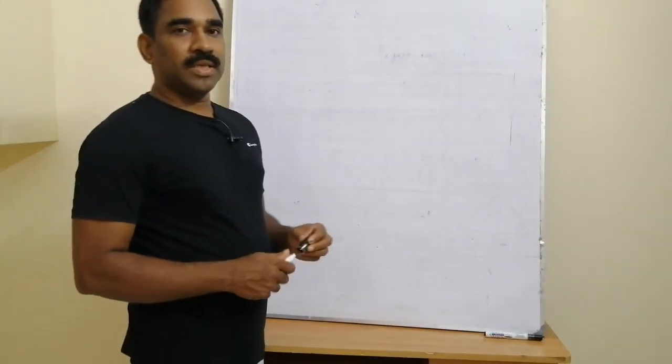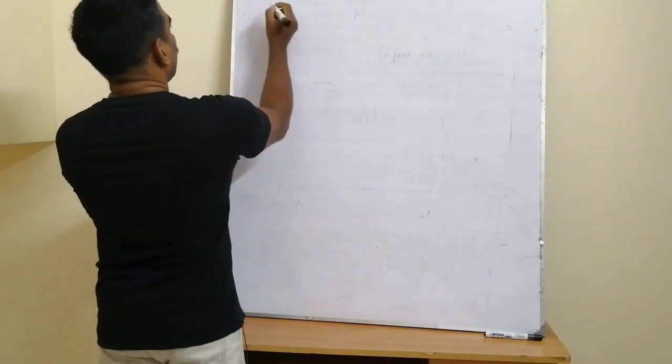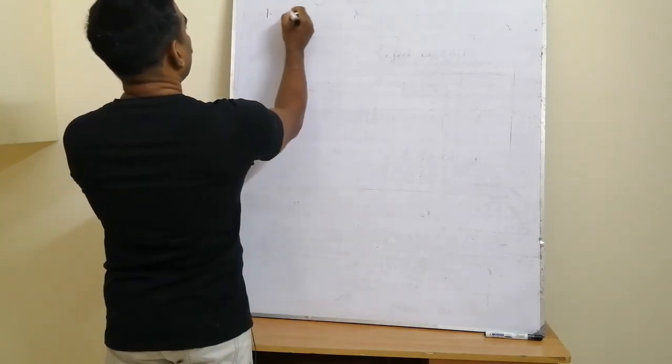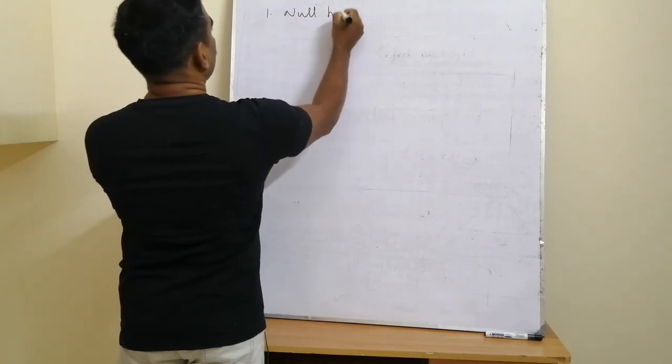Now see what are the different steps involved in hypothesis testing. Step number 1: write down the hypotheses, the null hypothesis and the alternative hypothesis.